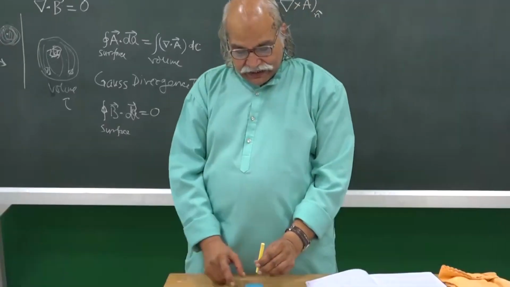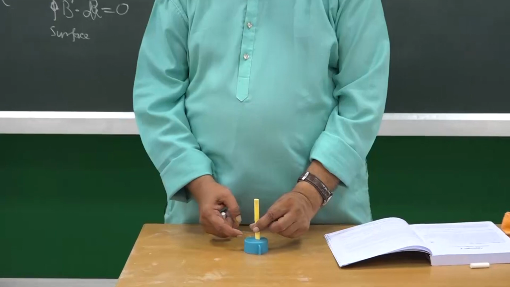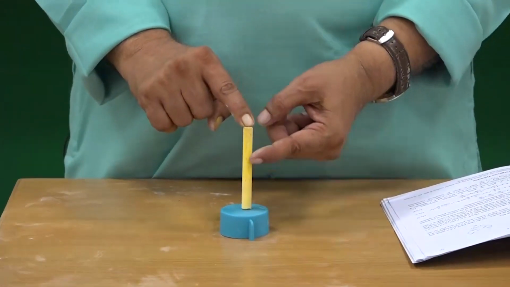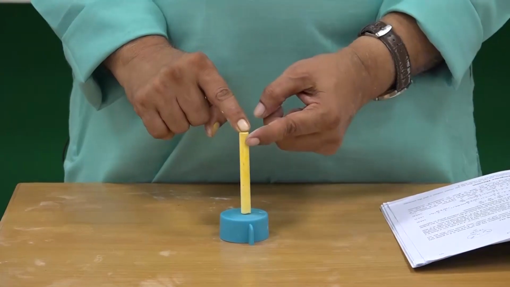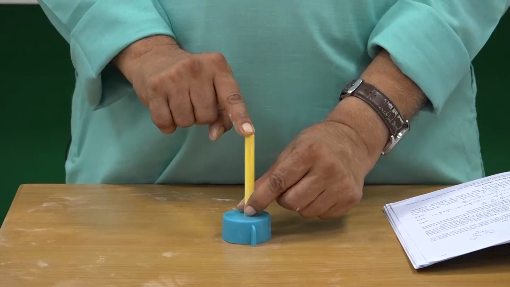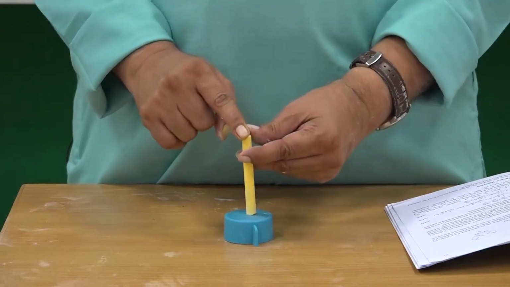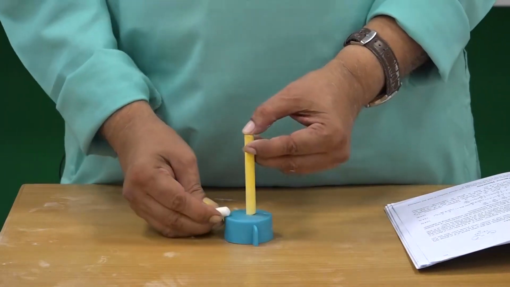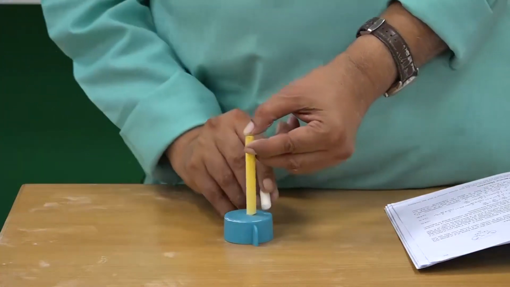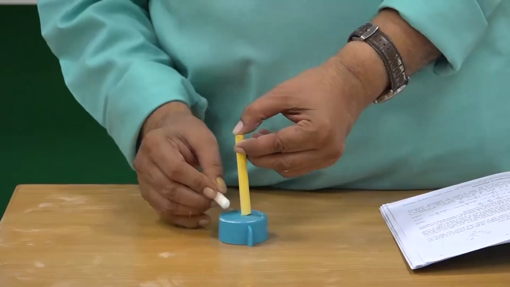A direction is given, here is a point, and this is my n cap direction. Perpendicular to this given direction, I am constructing a loop, and this circle is that loop.